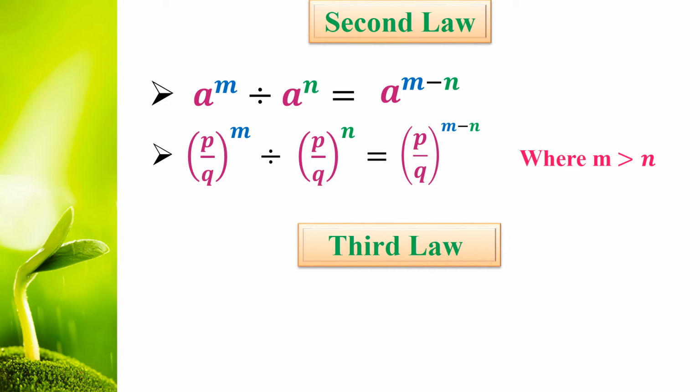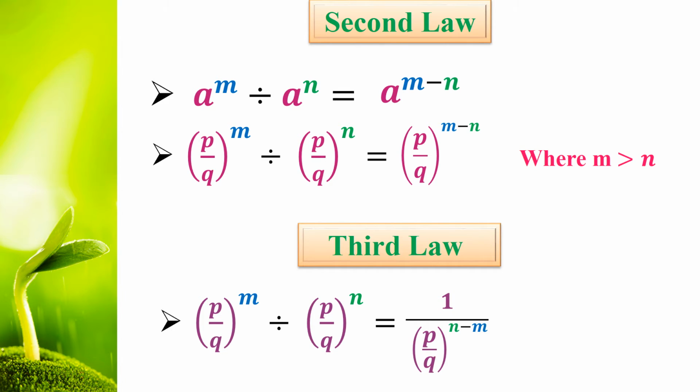Let's see the third law. If p by q is any non-zero rational number and m and n are any two positive integers, then (p by q) to the power m divided by (p by q) to the power n equals 1 by (p by q) to the power n minus m, if m is less than n.